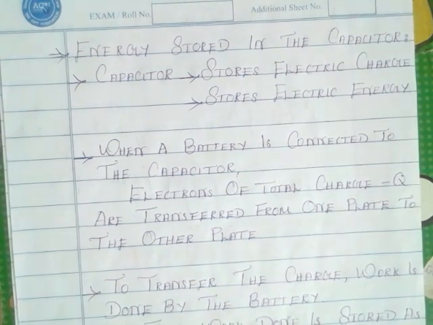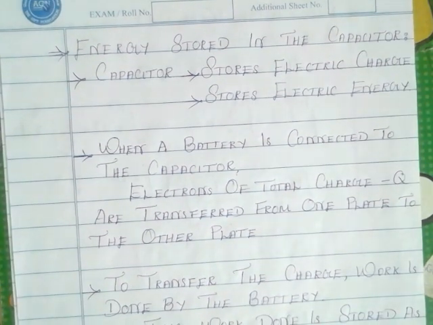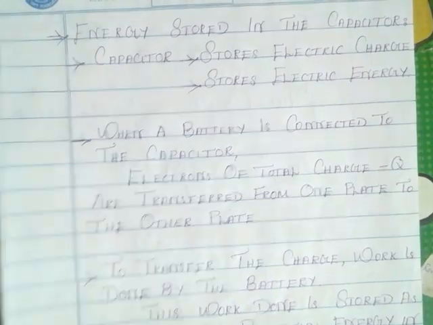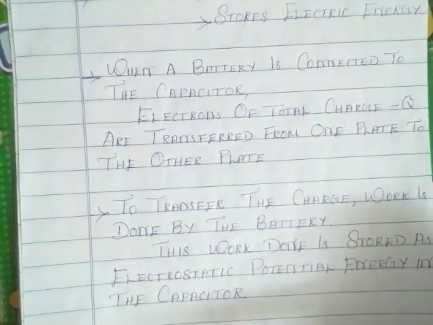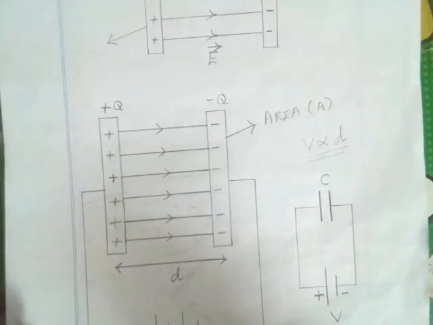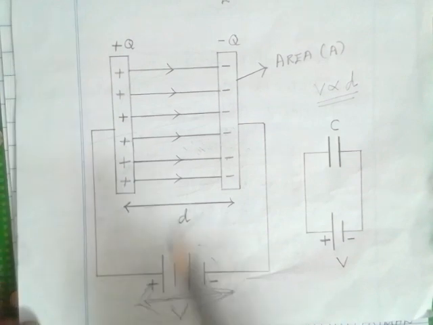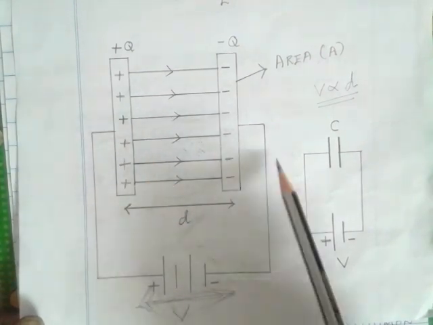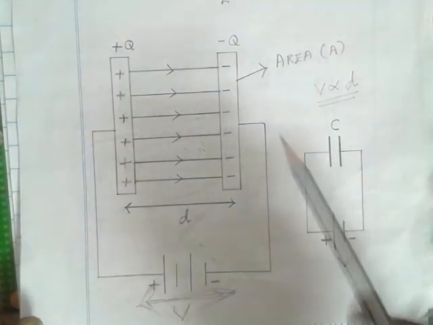When a battery is connected to the capacitor, electrons of total charge minus q are transferred from one plate to the other plate. When the capacitor is connected to the battery, charge transfer occurs from one plate to another plate.